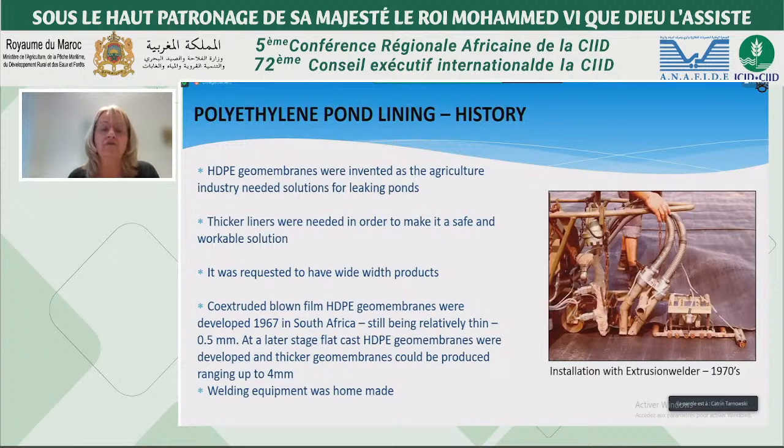The history of polyethylene pond lining started very early, and in 1966, in principle, the starting point was for HDPE in South Africa. There was a manufacturer who saw the needs of the farmers, who had leaking dams, and he was solving the problem with a 2 meter wide LDPE product with a very thin surface.